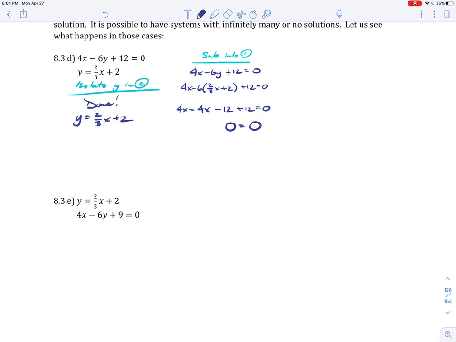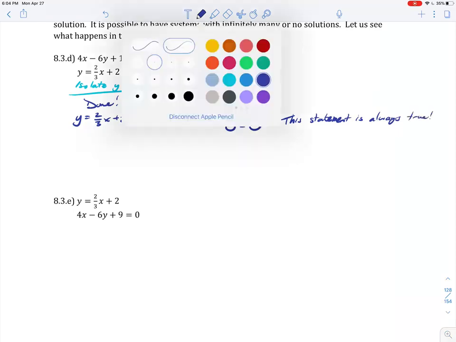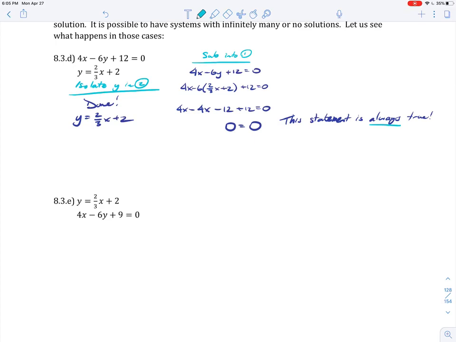That happens when 0 is equal to 0. The thing is, 0 is always equal to 0. So this statement is always true. So when are those two lines the same? All of the time.